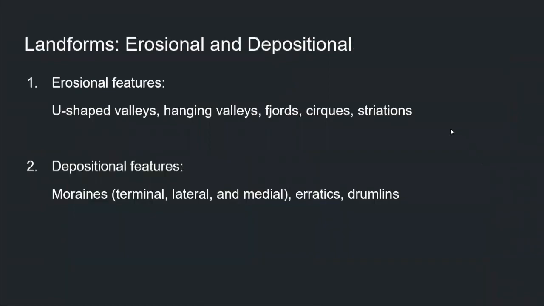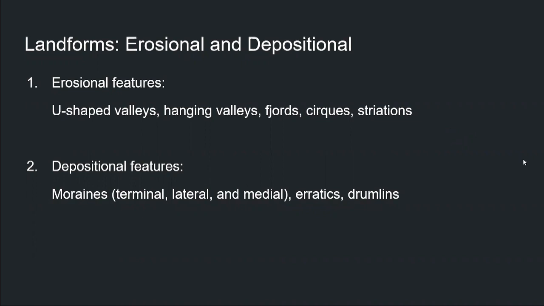So there are two different types of landforms, erosional features and depositional features. Erosional features are created from the material that's taken away by the glaciers, and the depositional features are created by all that material that the glacier brings along and deposits somewhere.